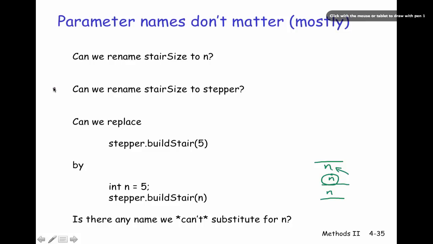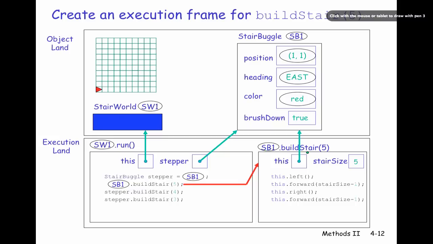Here's our next question. Can we rename stair size to be stepper? Well, let's go back to our execution frame to see what happens. So suppose that stair size, rather than being called stair size, was called stepper.